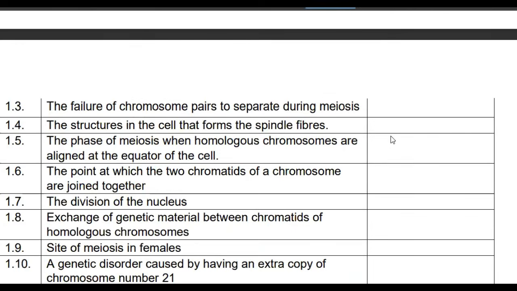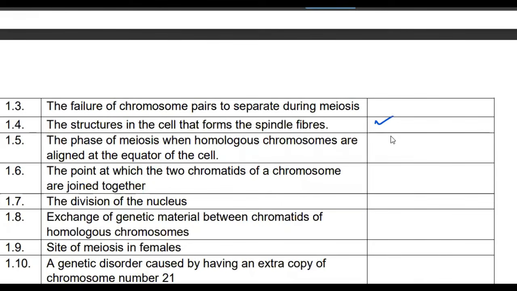The structure in the cell that forms spindle fiber, centrioles. And then the phase of meiosis where homologous chromosomes are aligned along the equator, that is metaphase 1, because they're saying homologous chromosomes. Then the point at which the 2 chromatids of the chromosome join, we call it centromere.